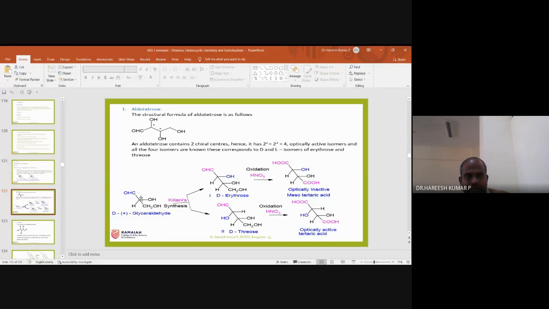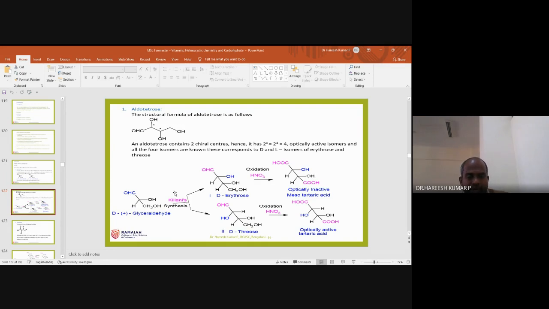And the conversion of glyceraldehyde into erythrose and threose is by employing the Kiliani-Fischer synthesis. What is Kiliani-Fischer synthesis? It is nothing but a reaction of an aldehyde with hydrogen cyanide. It will give you a cyanohydrin.